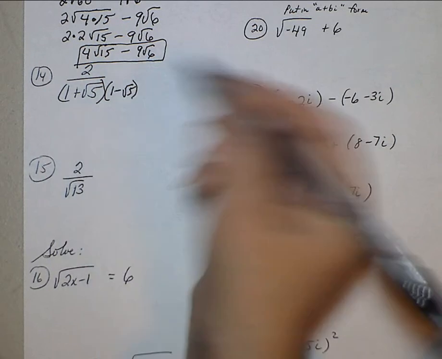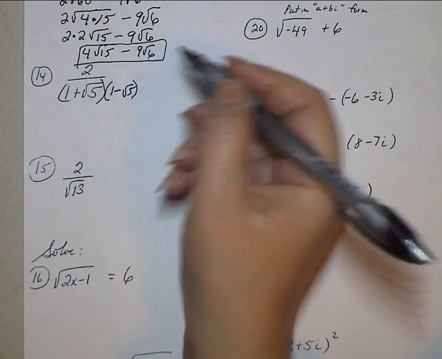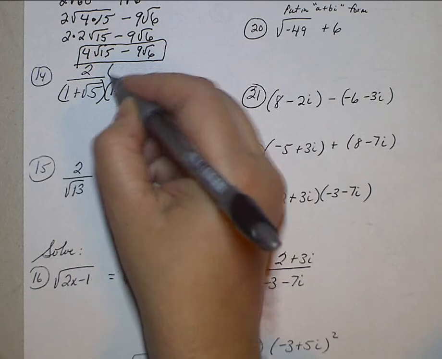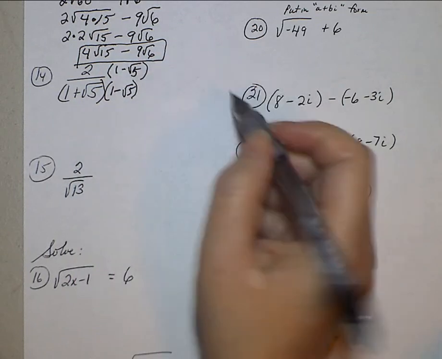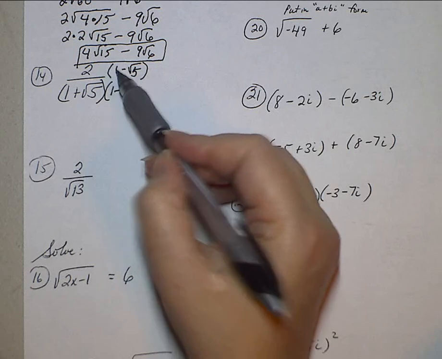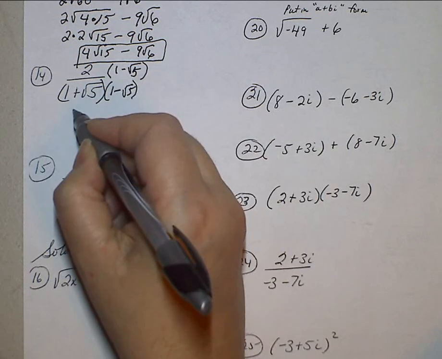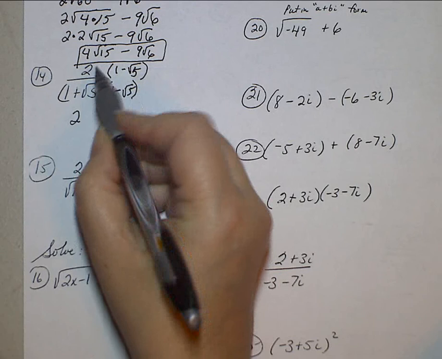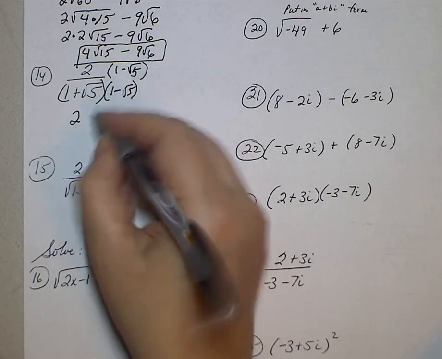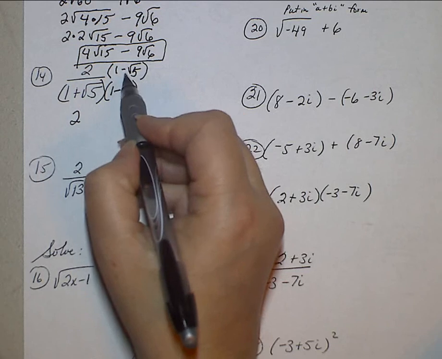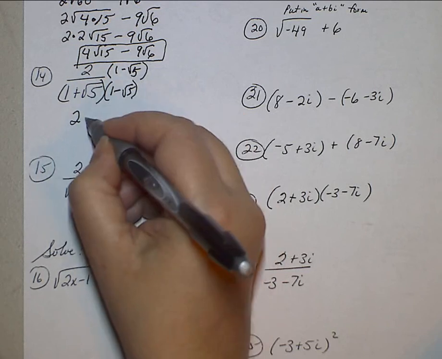So whatever you do to the bottom, you have to do to the top. So you have 2 times 1 gives me a 2. 2 times a negative square root of 5 is, remember there's a 1 right here, so it's 2 times negative 1, which is a negative 2 square root of 5.